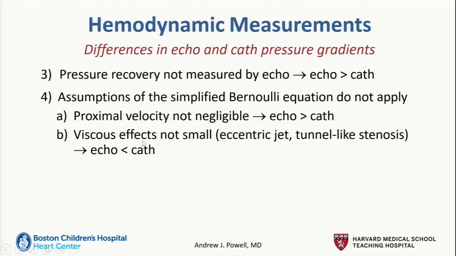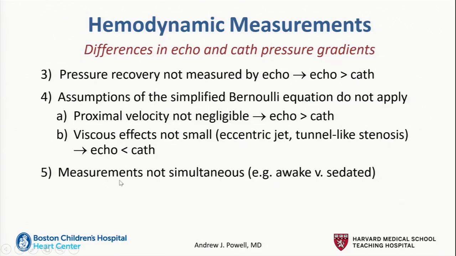Another situation is that those viscous effects are not small. That's the Blalock-Taussig shunt example. In that case, you're going to underestimate the pressure gradient, so echo measurements are going to be less than cath. And then we can come up with some more situational things. Typically, echoes aren't performed simultaneously with the cath measurement, so the hemodynamics and the patient state might be different, awake versus sedated, so you shouldn't necessarily expect them to agree.